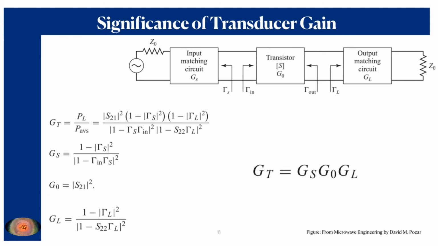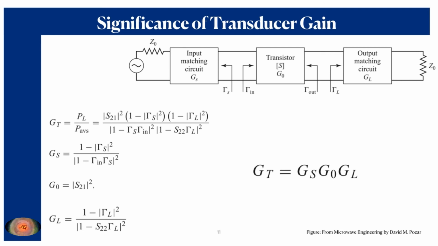G naught is representing solely the S parameter S21 of the transistor itself. S21 means when you are exciting port 1 and observing from port 2, and that obviously defines the transducer gain of the transistor itself.